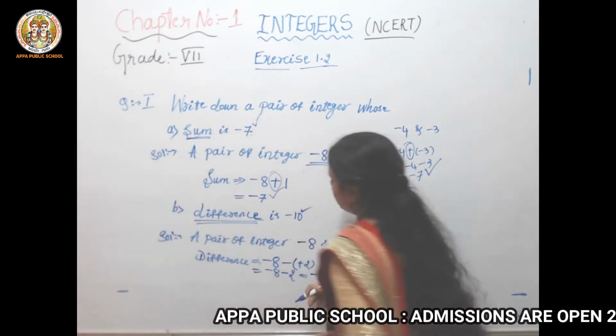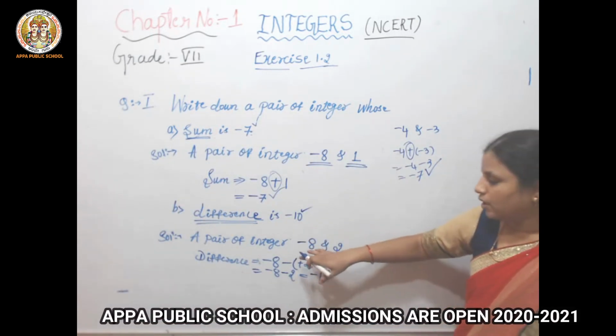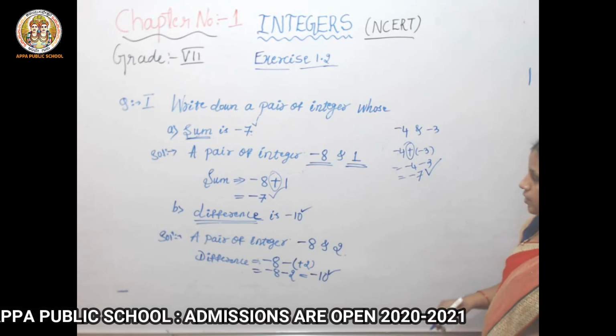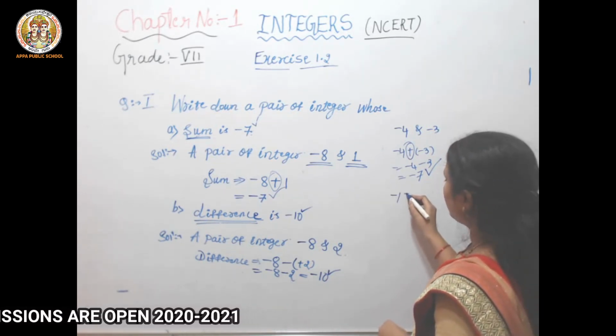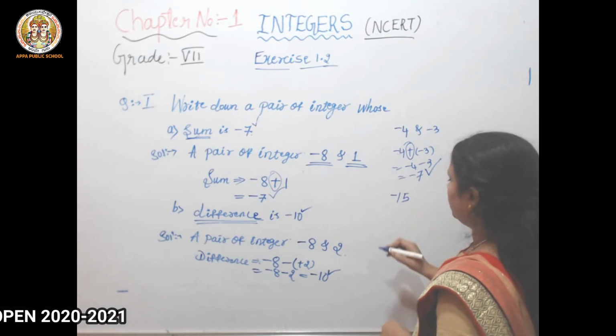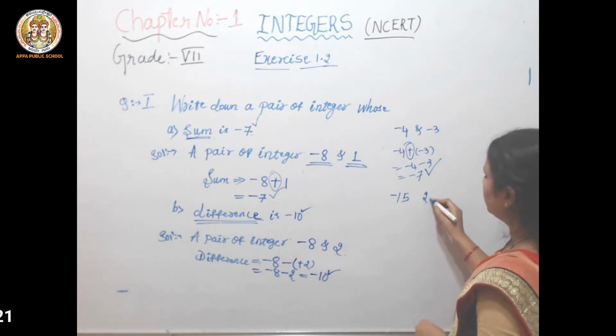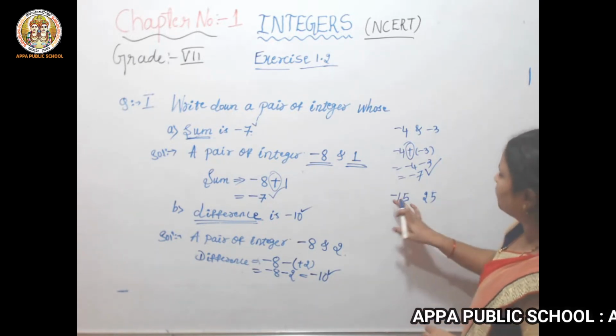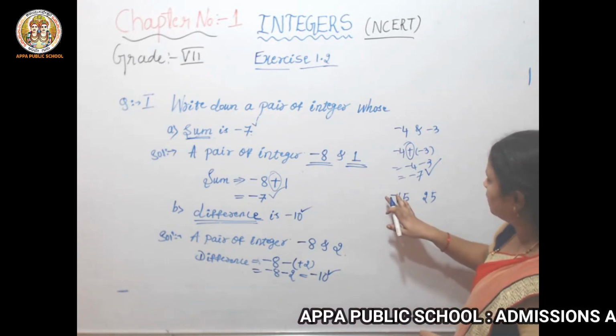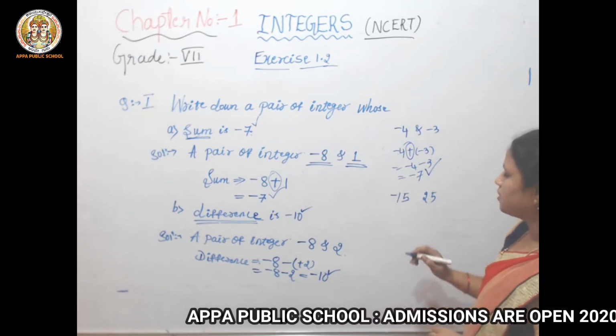There is no need to take only these two numbers. You can try other numbers also. I will take one more: minus 15 and plus 25.